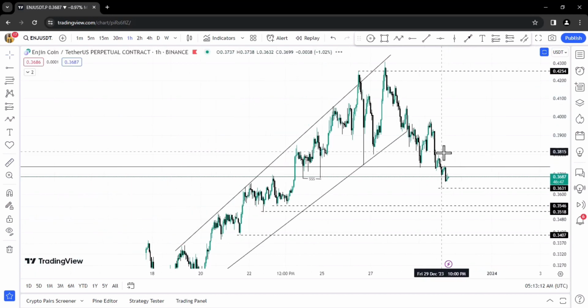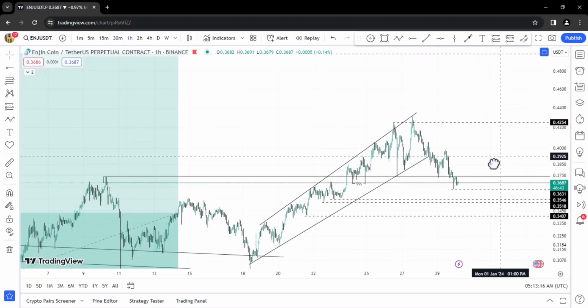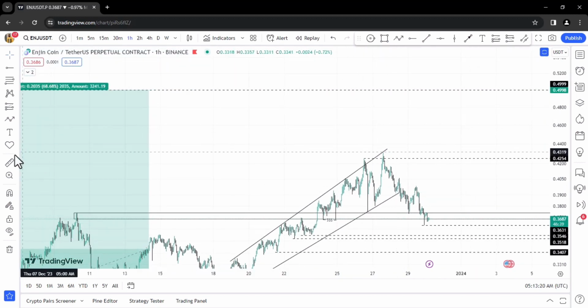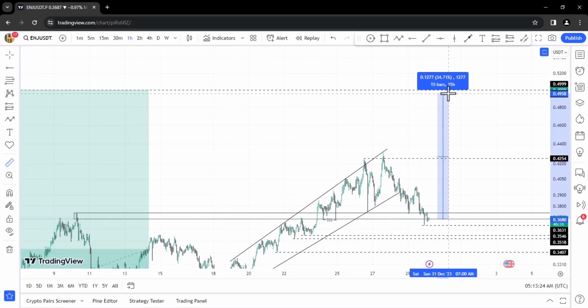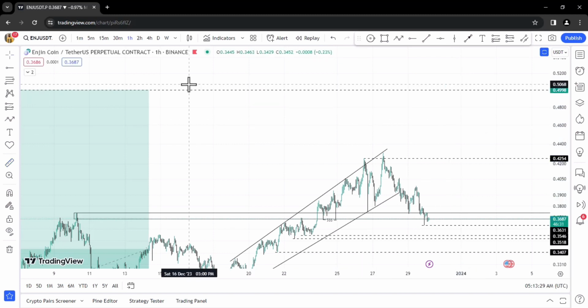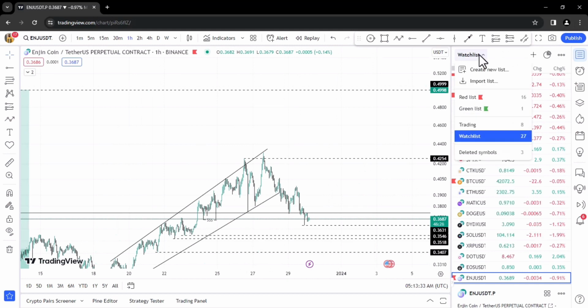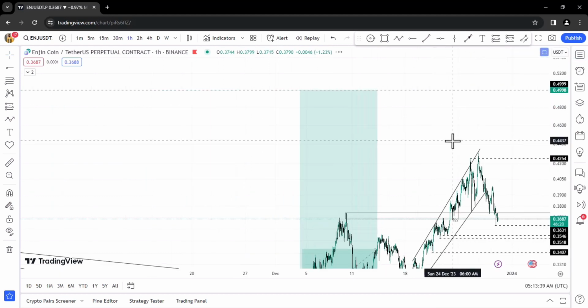So on the spot market, this is a good buy. ENJ is a good buy. My target is 0.5, like I said. So if you enter a buy from here, depending on what the market does, it's around 30% plus. All right, so that's for ENJ. It's looking healthy, looking pretty good for the trades to be taken.